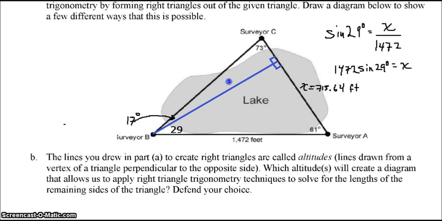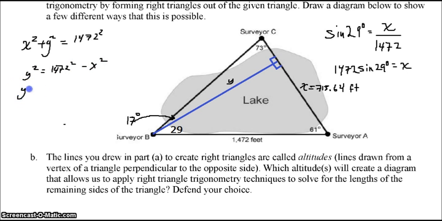Now let's find this piece of the triangle. I'll call it y. We can find that with the Pythagorean theorem. x squared plus y squared will equal 1,472 squared. So y squared equals 1,472 squared minus x squared.